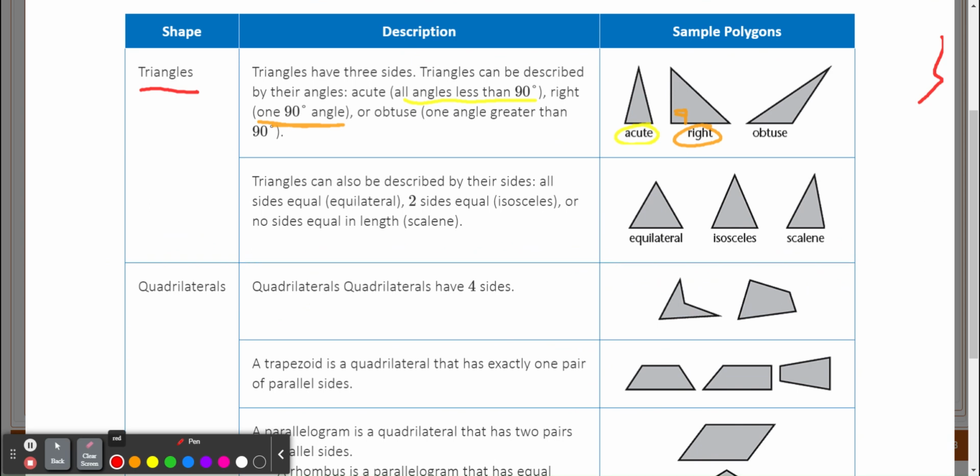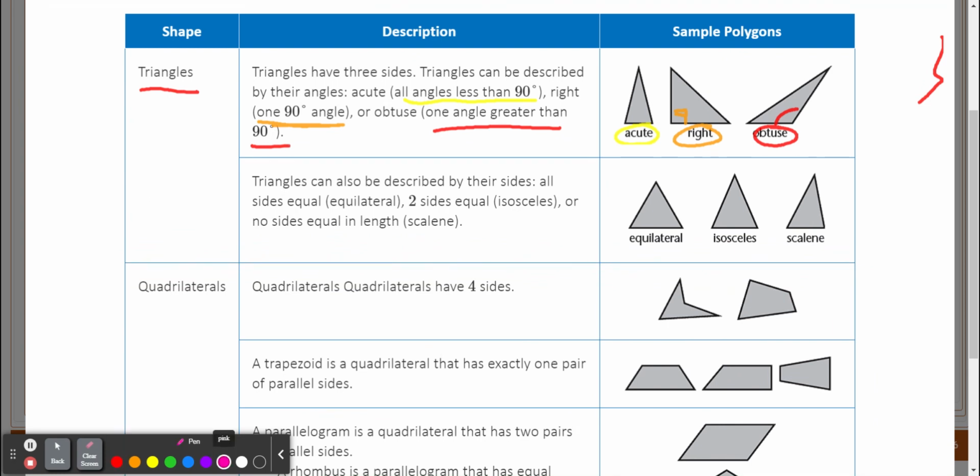And then an obtuse triangle has one angle that is greater than 90 degrees. So those are three kinds of triangles. Acute, all angles are less than 90 degrees. A right triangle has one angle that's 90 degrees. And an obtuse triangle has an angle that's greater than 90 degrees.